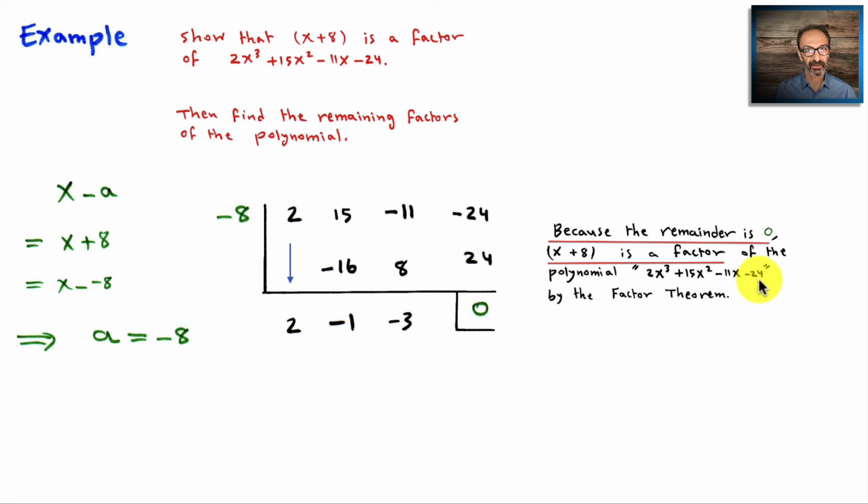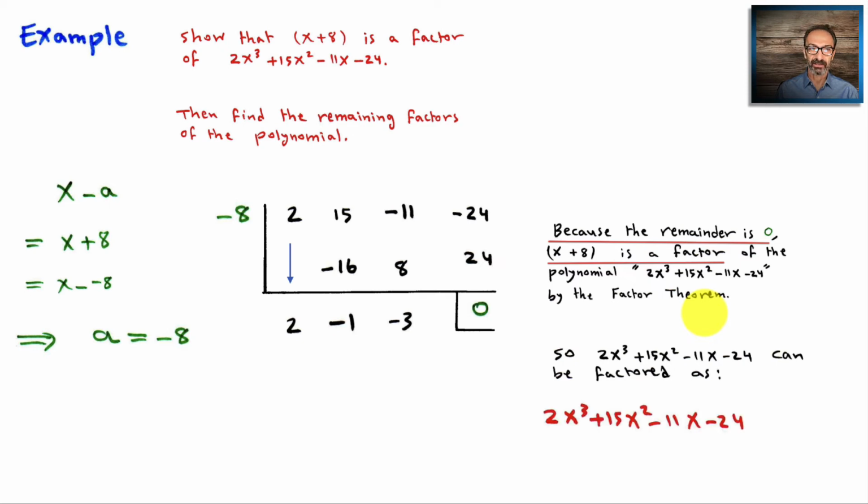Of course, if you have a remainder, what we are dividing by is not a factor. Makes sense. By the factor theorem. So that connects both the factor theorem and the remainder idea and the concept. So, we could write 2x cubed plus 15x squared minus 11x minus 24 as the following.